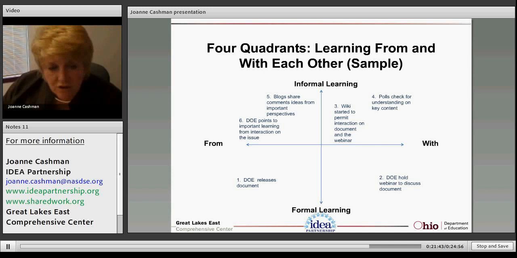This is the work that we've been trying to do for about 10 years, and it's still challenging every day, but we see in many, many cases a different kind of response when these informal strategies are added to the formal strategies we already have in place.